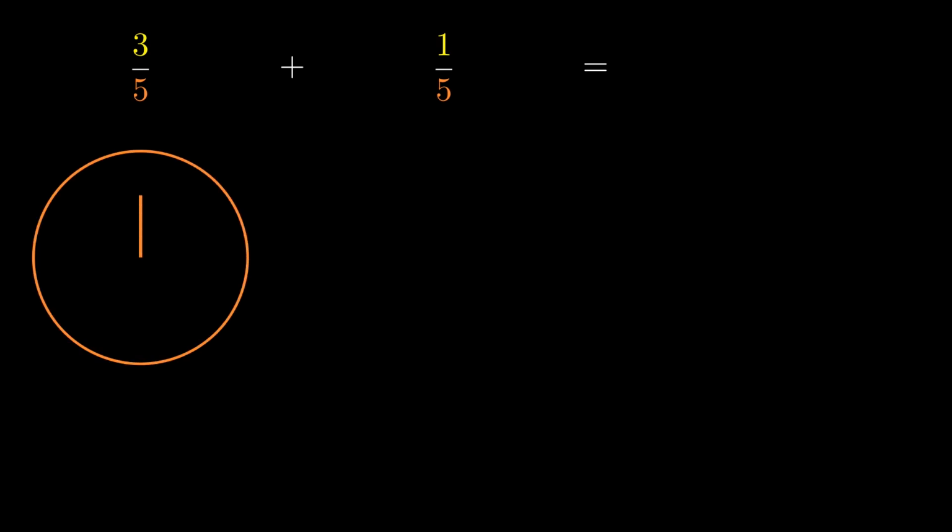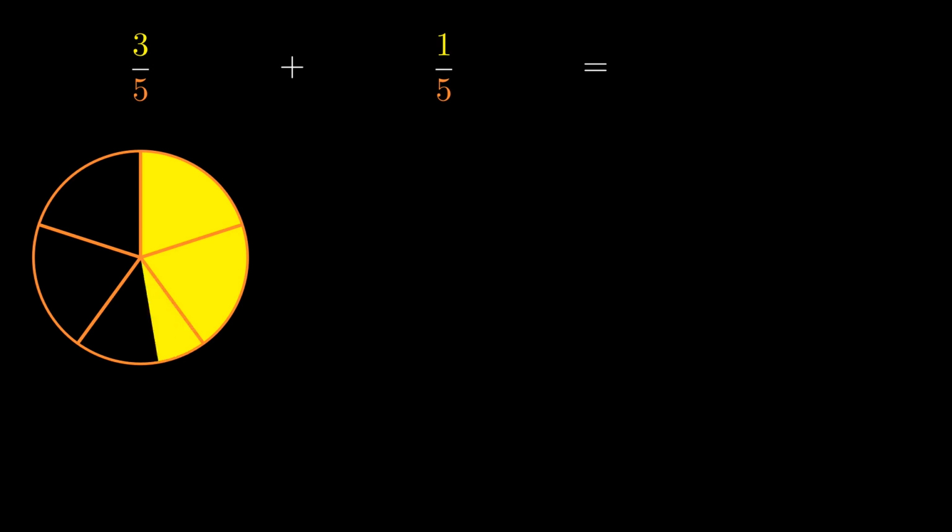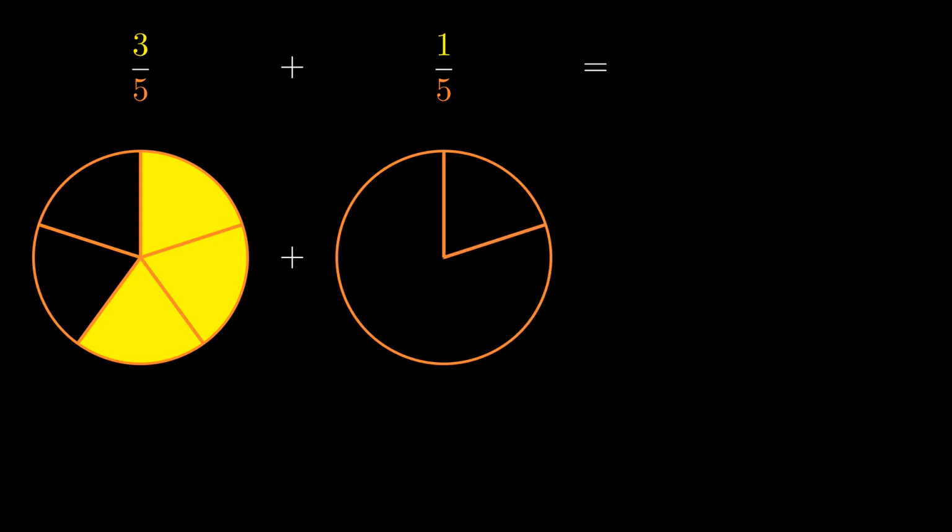Now for another example. If we have 3 over 5 plus 1 over 5, then we can represent this as a pizza split into 5 pieces, as shown, with 3 slices shaded, plus another pizza split into 5 pieces with 1 area shaded, representing 1 over 5.